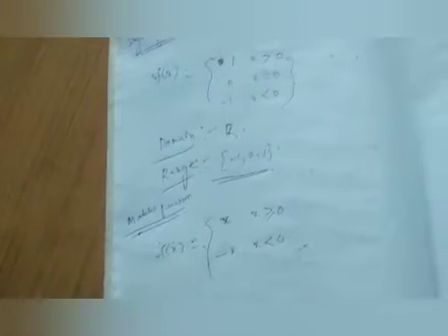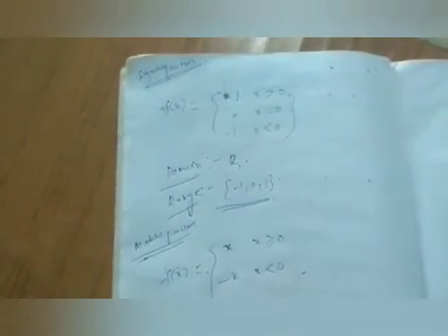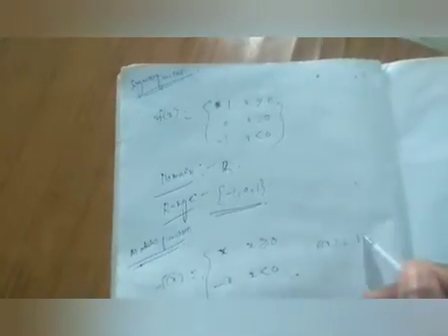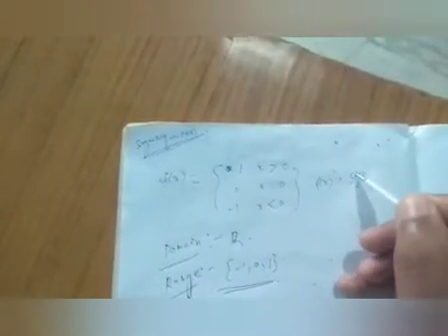This is how the modulus function is defined. It is denoted by f of x equal to mod x, and the signum function is denoted as sgn of x, right?